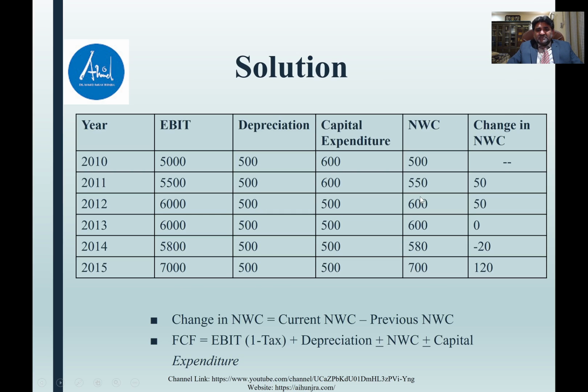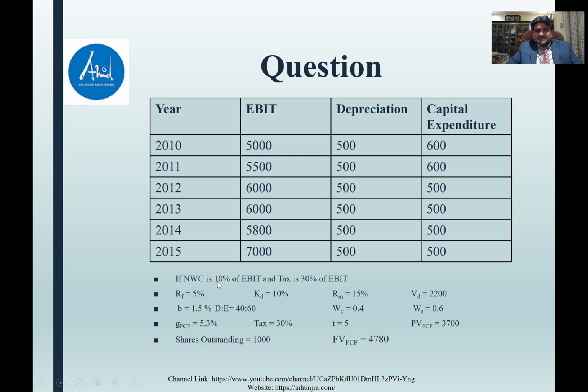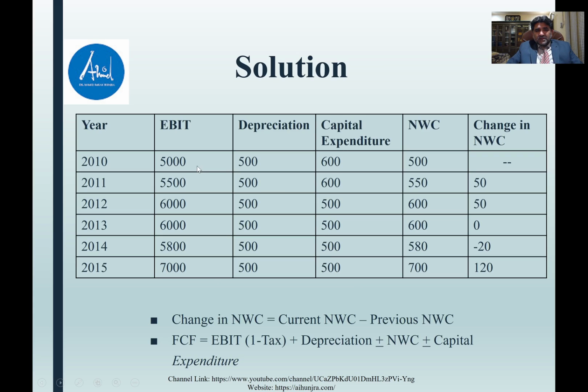From the next slide, things will be more clear. It's the same data: EBIT, depreciation is given, capital expenditures are given. Here is the net working capital, which is 10% of EBIT. 10% of 5,000 is 500, 10% of 5,500 is 550, whatever the unit of currency is. 10% of 6,000 is 600, and the same for the next year.